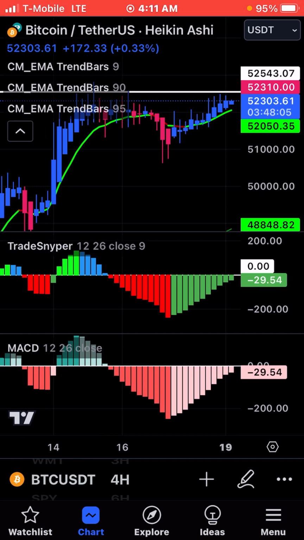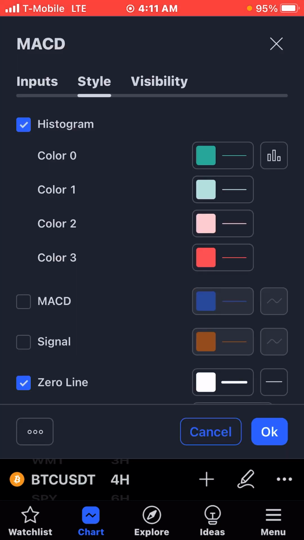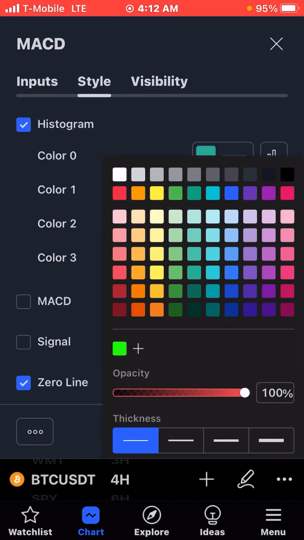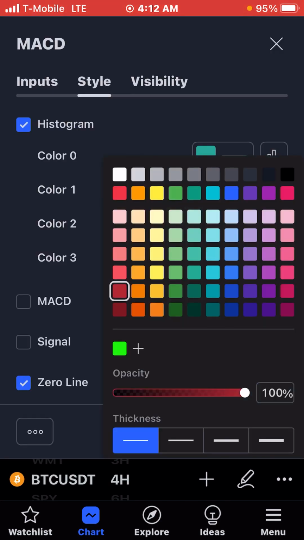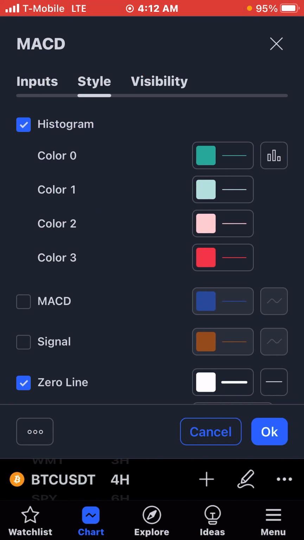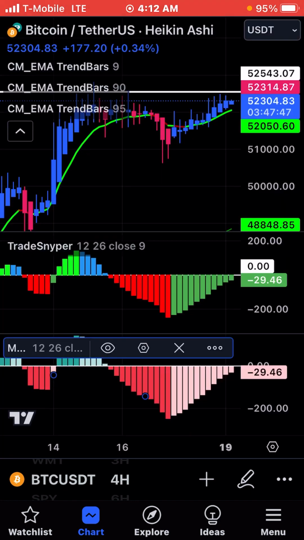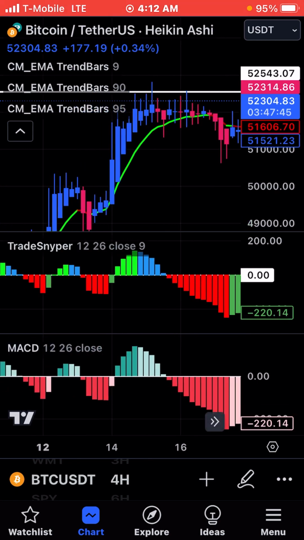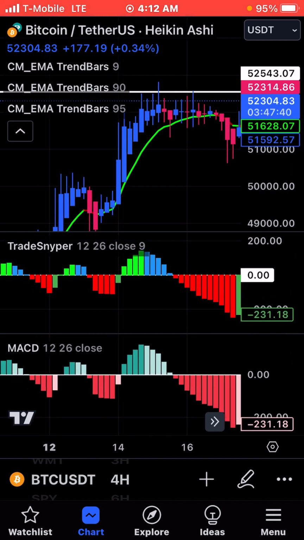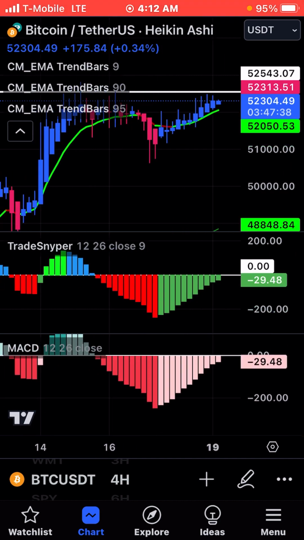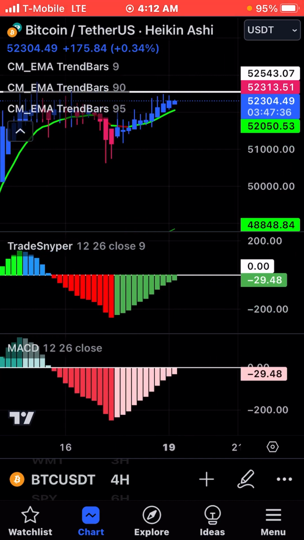So the red is basically red. Make a dark red, not dark enough, not bright enough. There we go. Then we've got our green. Just change the colors, and it looks pretty. It's basically MACD in itself, so all you have to do is change the colors, and it looks like it's the same thing.